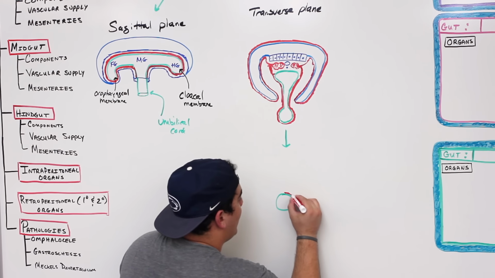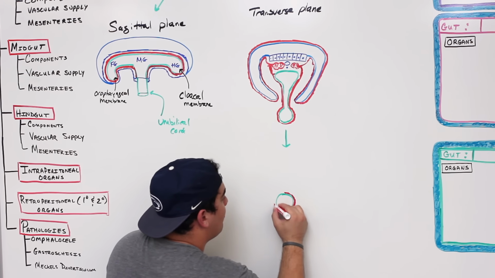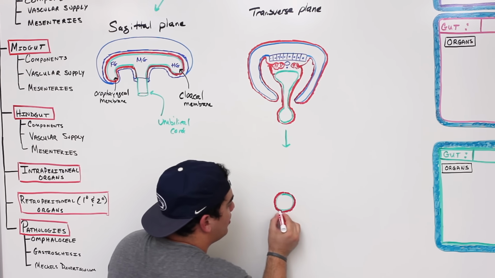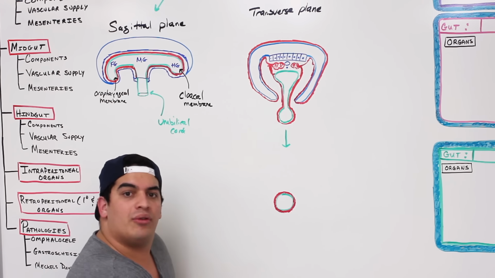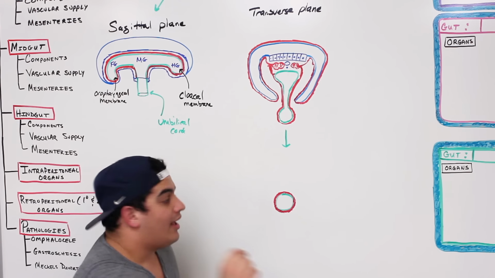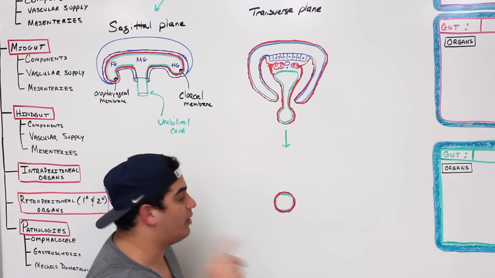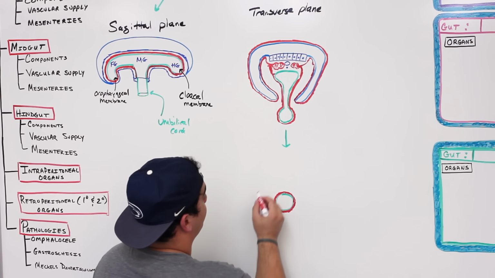The reason why I'm telling you this is because guess what the splanchnic mesoderm forms? It helps to form the walls of the GI tract. For example, the submucosa, the muscularis externa, the lamina propria, all those different parts, and the visceral serosa, or the visceral peritoneum, which is extremely important. Now, around the walls here, what should we have?